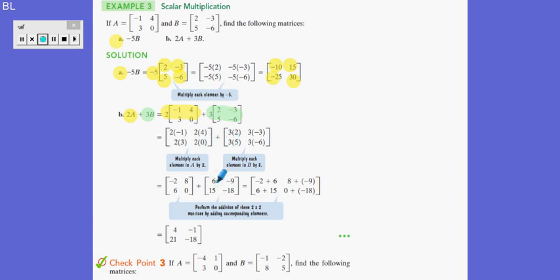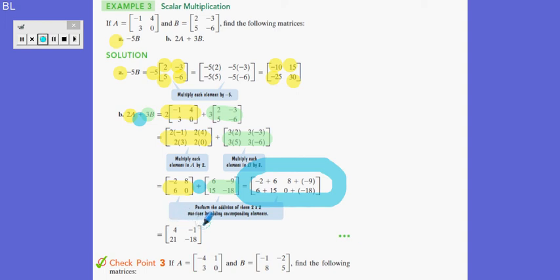Let me circle back here. The yellow here correlates with these two right here. The green here correlates with these two right here. And finally, you add those two up, and you get this right over here.